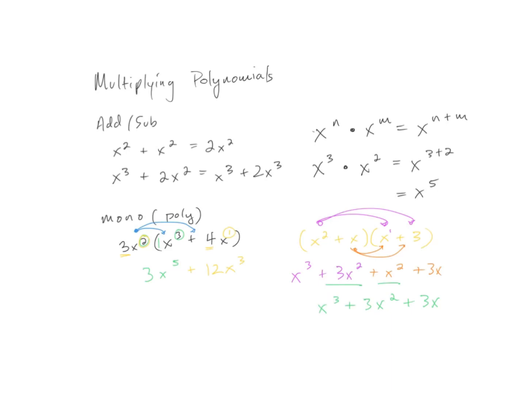Now you end up with something pretty extensive, like a binomial times a trinomial, both of which are polynomials. There are two methods to this. One way I like to do it is to take this term here, this x, and say x times everything.